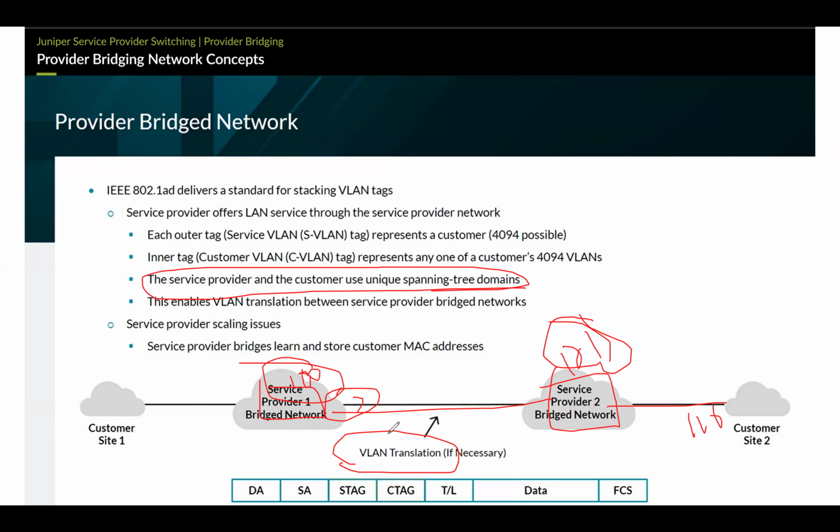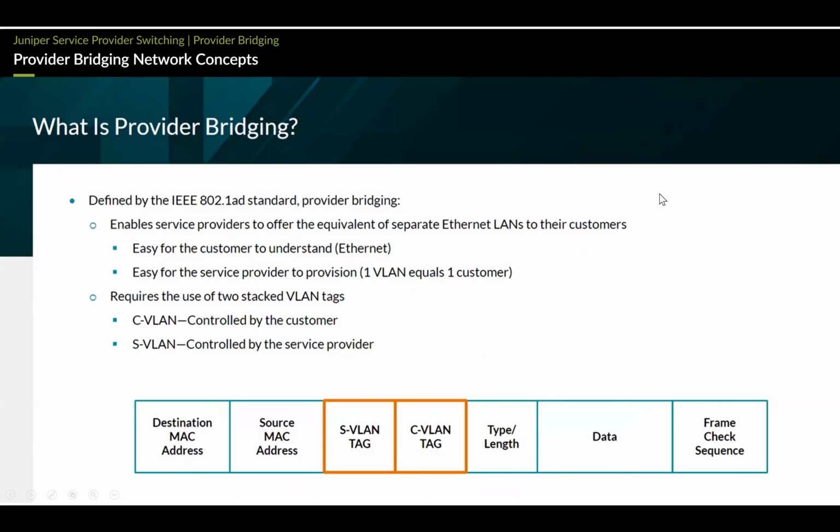So they have this facility in the provider bridge network. Or consider service provider 1 uses VLAN 100, and service provider 2 also uses VLAN 100 because this VLAN is free. So in that case, no translation is needed. Just allow this VLAN and configure this port as a trunk port. So this is the concept. So, moving forward.